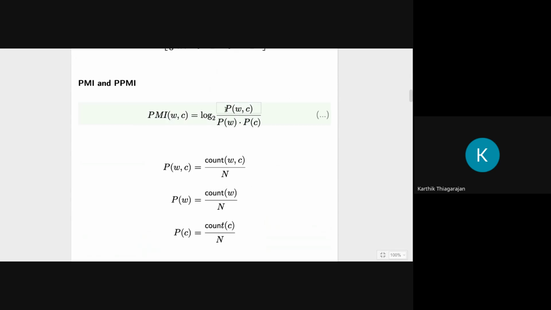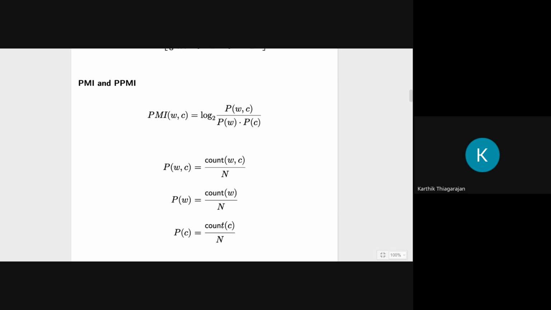The numerator tells you how likely it is that the word and context appear together, right? So how likely is it that W and C occur together in a sentence? The denominator tells you how probable it is that W and C occur together if you pick 2 words at random.